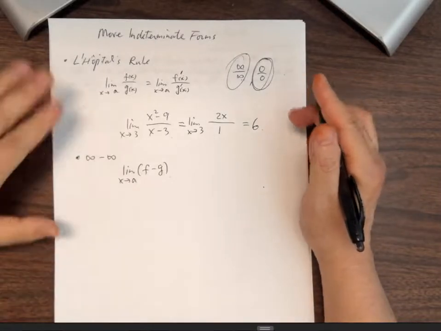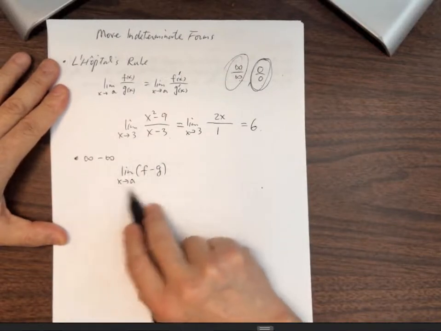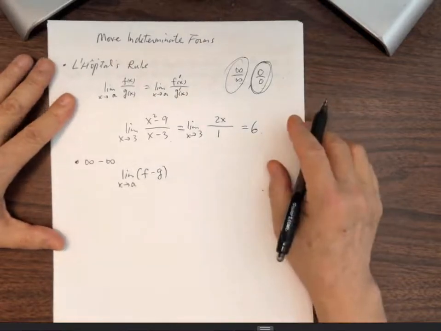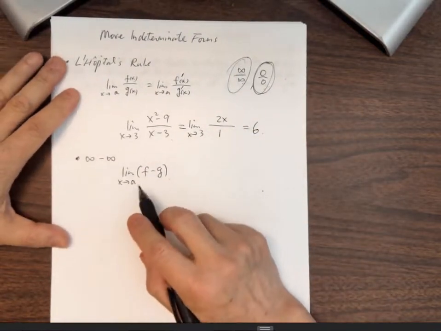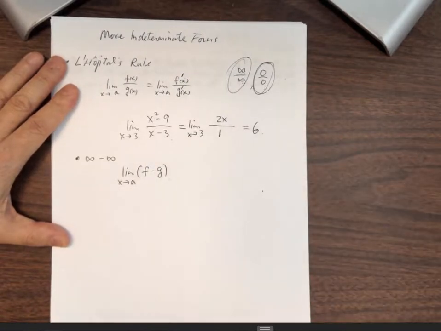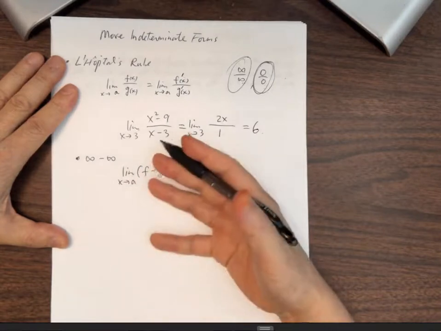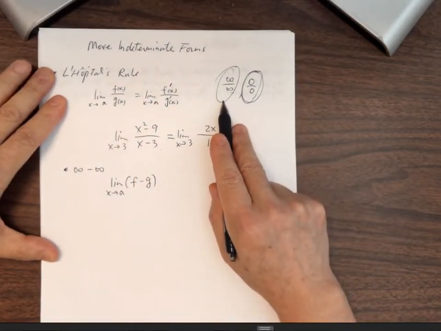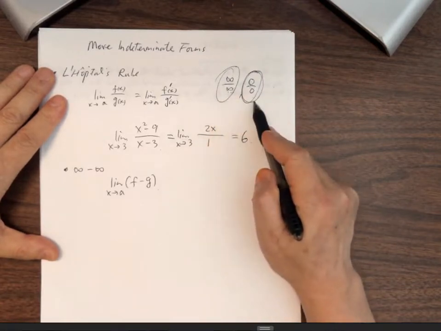There are others. So basically, how would we evaluate this type of indeterminate form? Simple. We have to do whatever it takes to turn this into a fraction. Once we come up with a fraction, then hopefully it's going to be in the form of infinity over infinity or 0 over 0.